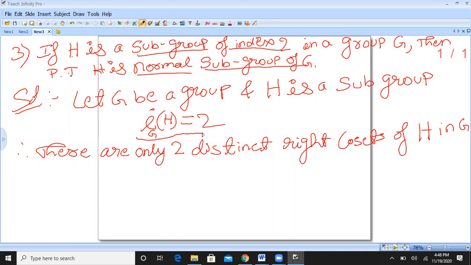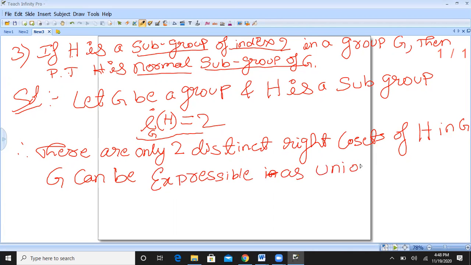Next, we have to prove that H is a normal subgroup of G. So now, G can be expressed as the union of two right cosets.